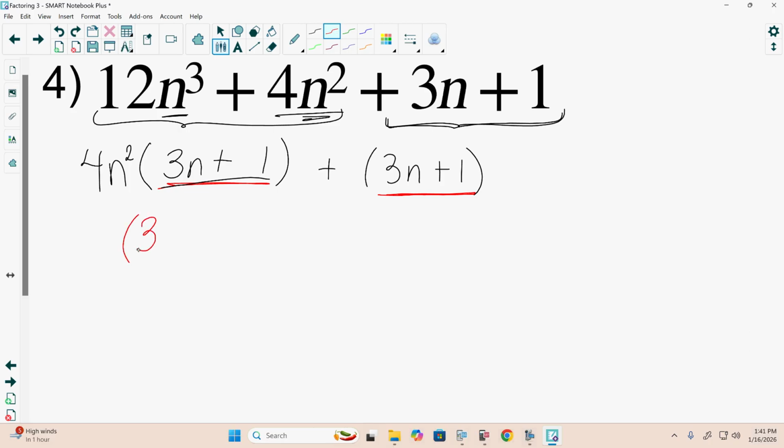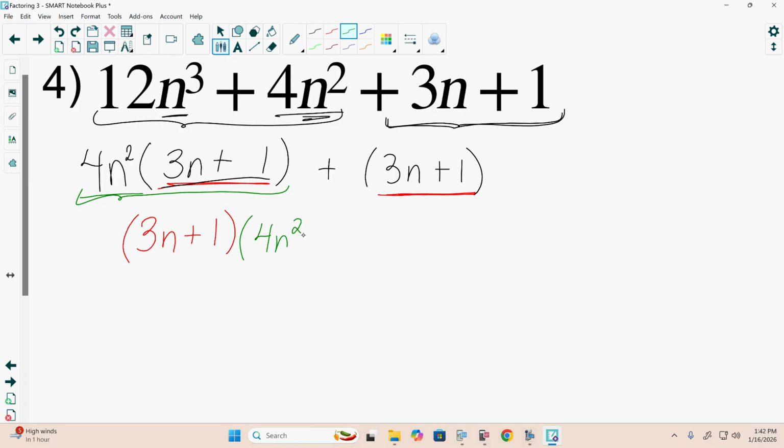We're now going to factor out that common term of 3n plus 1 out of both. We're going to divide it out. We're going to simplify it out of both terms. Because when we take 3n plus 1 out of our 4n squared times 3n plus 1, the only thing we have left is the 4n squared.